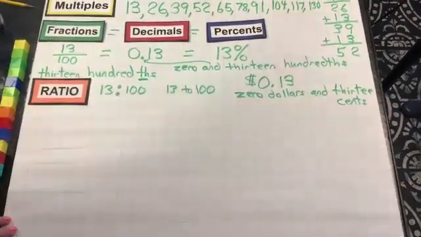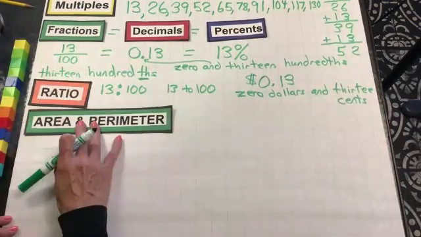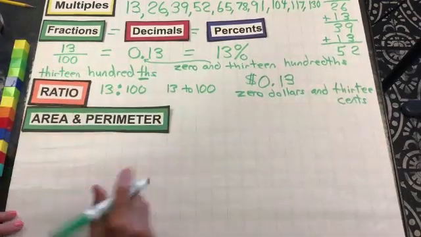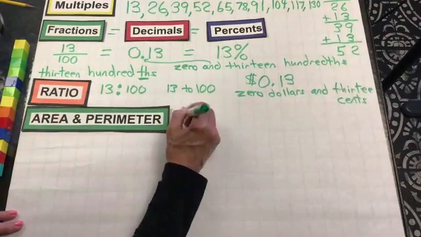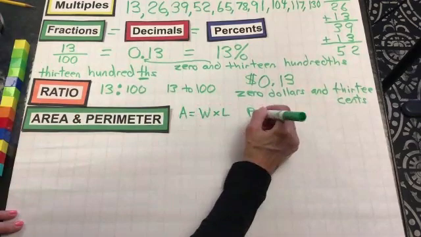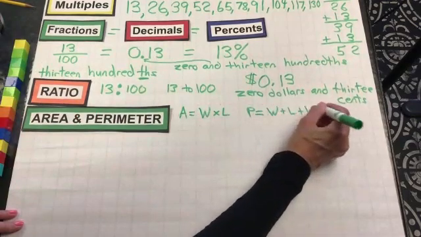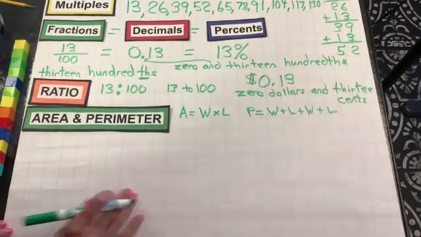We did good there. So now we're going to do area and perimeter, and we know area equals width times length, and perimeter equals width plus length plus width plus length.